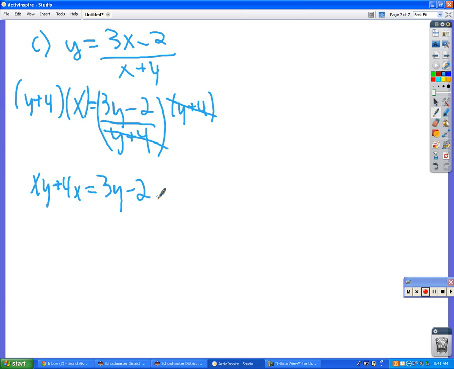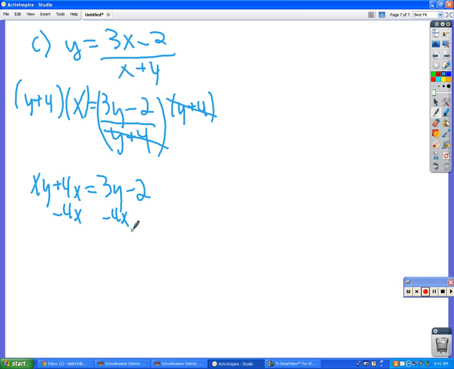3y minus 2. Now the fun part here is that we need to get all the y's on the left and all the things without y's on the right. So the xy has a y in there, so it stays right where it is. The 4x does not have a y in there, so I need to subtract 4x from both sides.